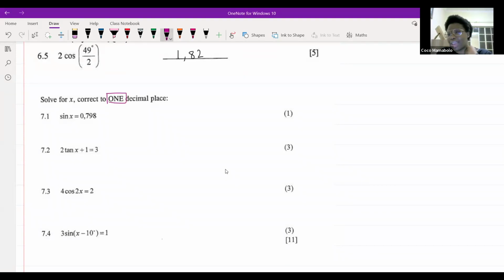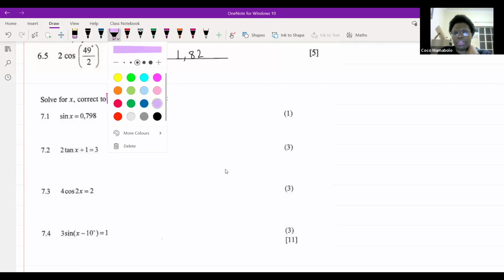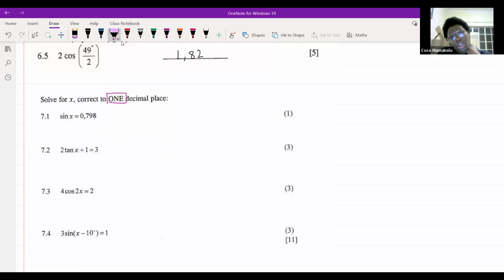Right. Now, before we go any further, let's have a look at x. Normally, if we were looking at, for instance, a paper that ma'am had set, one that teacher Coco had set for you, what would be sitting where x is sitting right now? What symbol would be sitting there? Correct, Narisha. A theta would be sitting there.